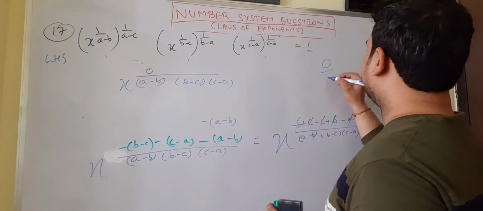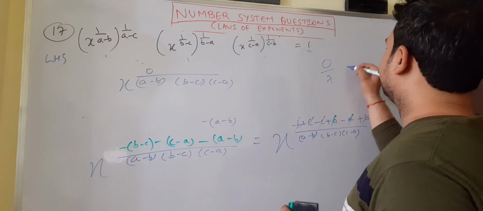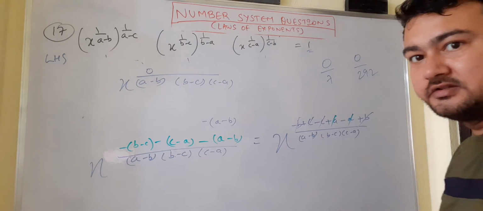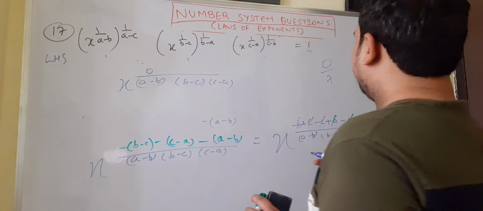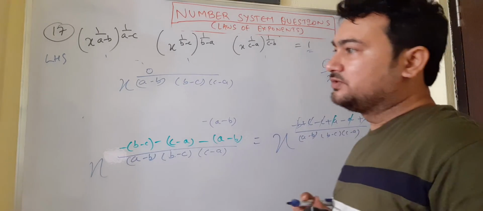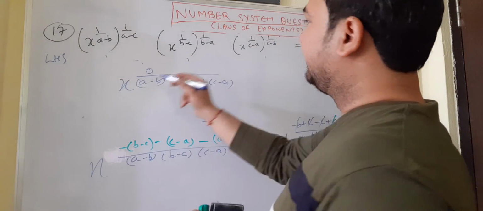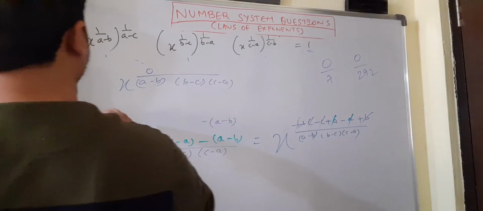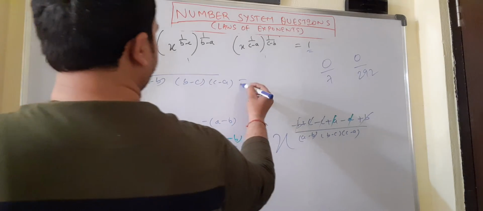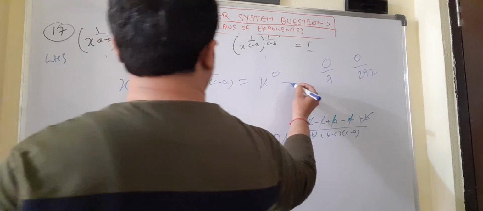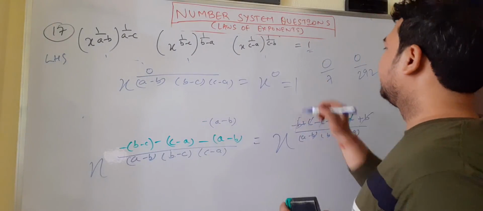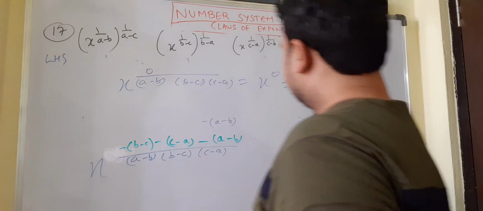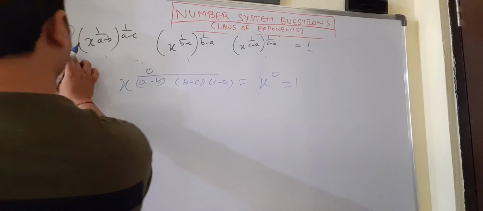See, 0 by anything, 0 by 7, 0 by 292, 0 by anything is 0. Dividing 0 by any number gives you 0. So 0 by this number, a minus b, b minus c, c minus a, will be 0. x to the power 0, and anything to the power 0 is 1.